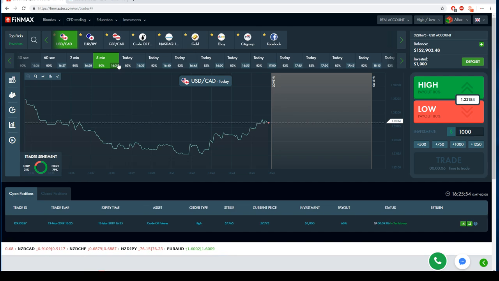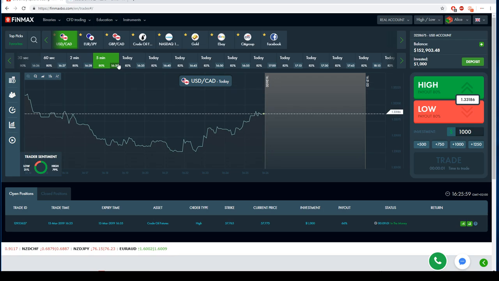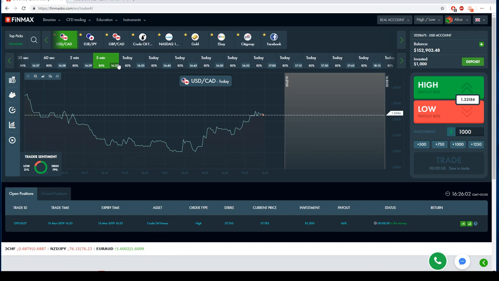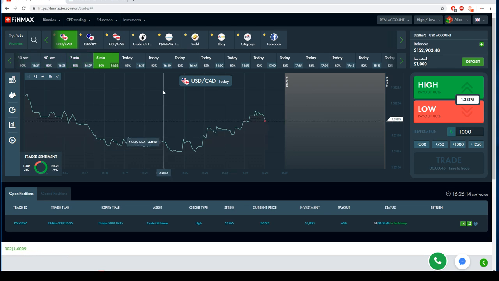As the Canadian dollar usually moves in the same direction as oil does, if I believe that the crude oil price is going to grow, I need to place the position for the USD Canadian in the opposite direction. So it's going to be low. But my expiry has disappeared. I need to wait for it to appear again. Probably it's going to be like a 2 minutes time frame, but still I need to wait. So let's wait for it a bit.